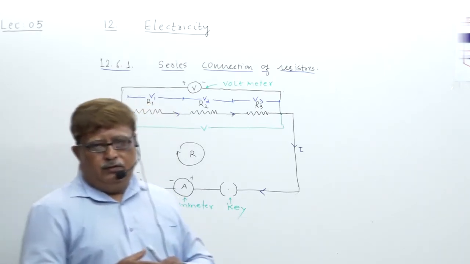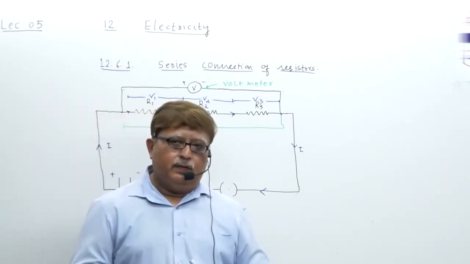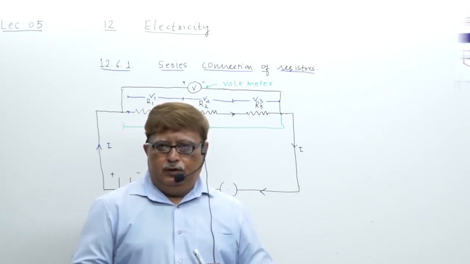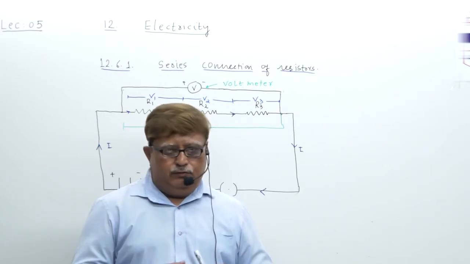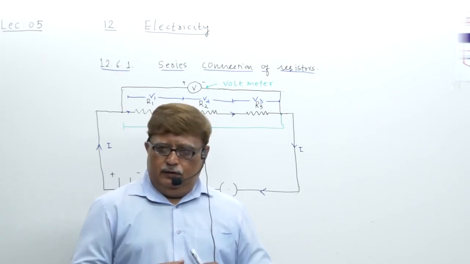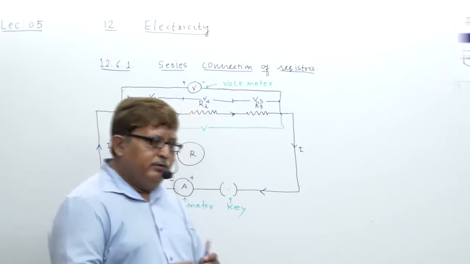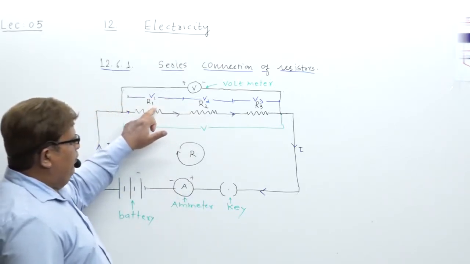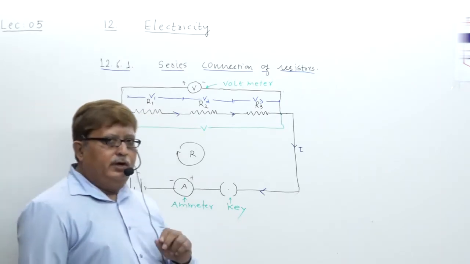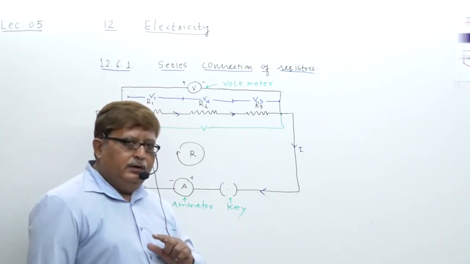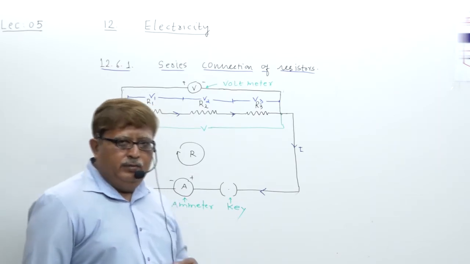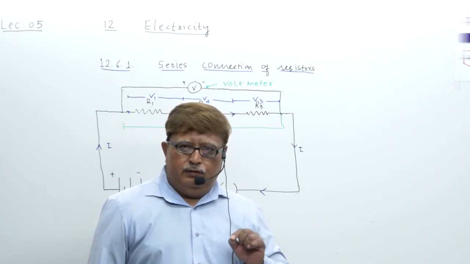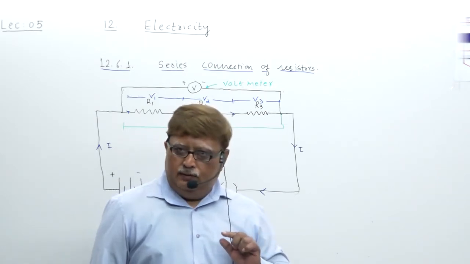Across R1 is V1, across R2 is V2, across R3 is V3. Understand? Suppose, if I ask you what is the potential difference across R1, can you guess? Can you remember Ohm's law? V equals to IR. Yes.